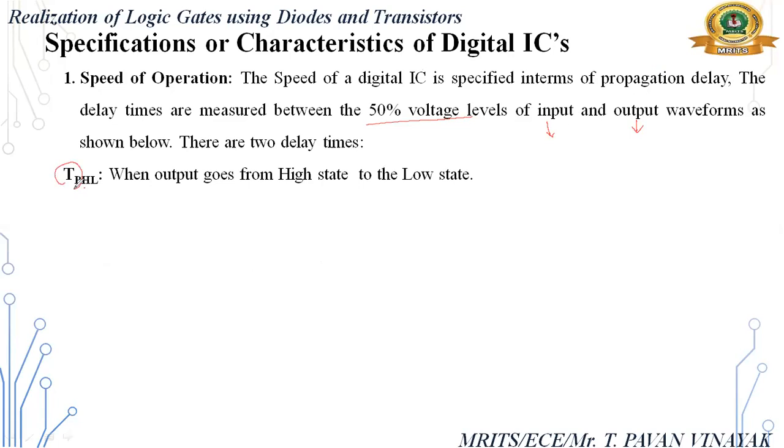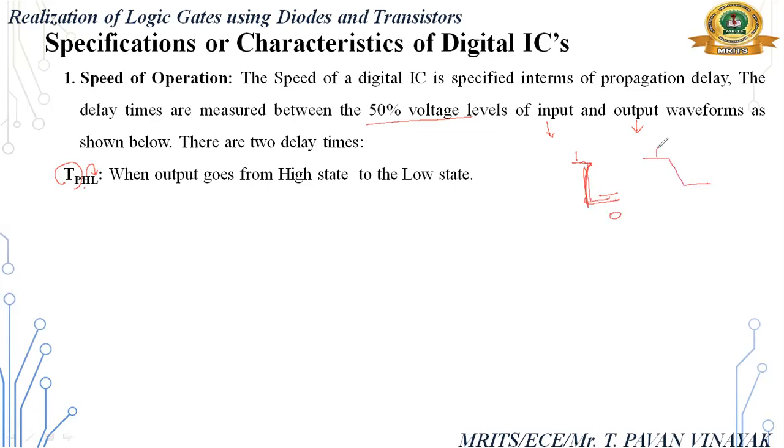Propagation delay when we go from high to low. Generally this is 1, and suddenly I give 0. Directly within seconds we don't go like this. This is 1, this is 0. We don't go directly like this, we go like this.